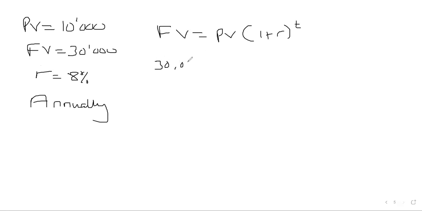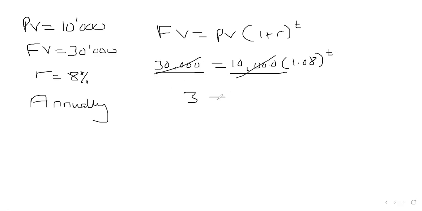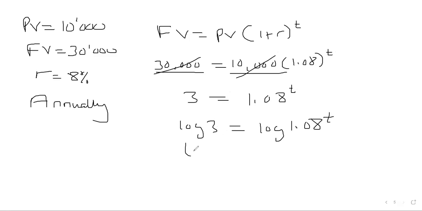So 30,000 is equal to what? 10,000 times 1.08 to the power t. The interest rate is 8%. Our time, we don't have. So we divide both sides by 10,000, so that this gives you a 3. Then you introduce the logs to get rid of the t. So log 3 is equal to t log 1.08. Then the t will fall down, giving you an ability to solve for t.